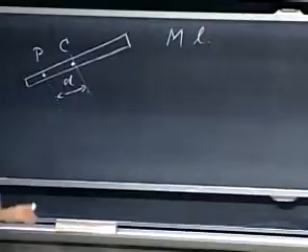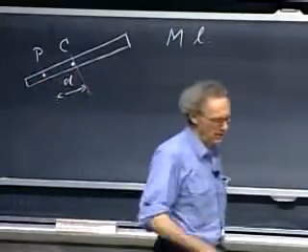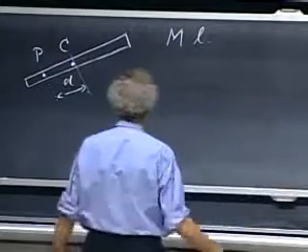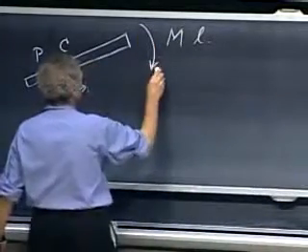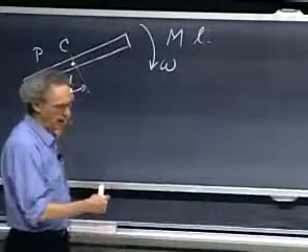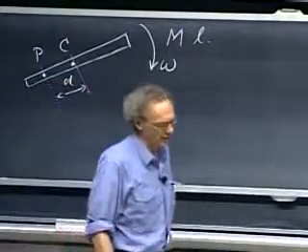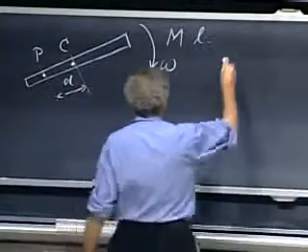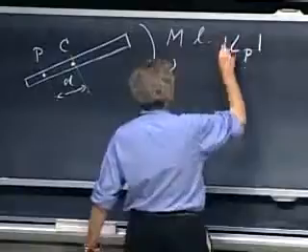Think of this as a horizontal, frictionless plane, and I'm rotating it with an angular velocity. Let's say we rotate it in this direction, force it about that point P. I put a pin in there, perpendicular to the blackboard, and I rotate it. I'd like to know what the magnitude is of the angular momentum relative to point P.